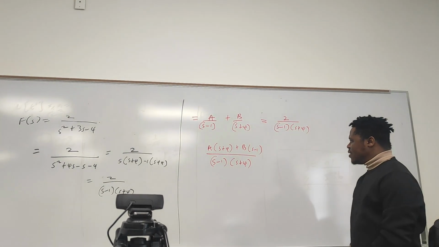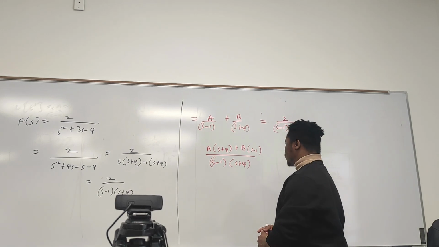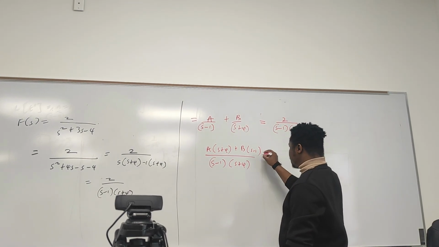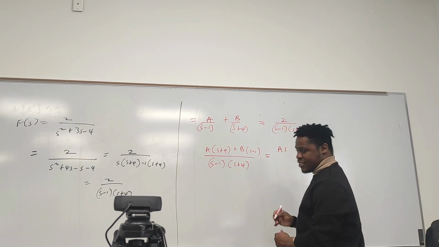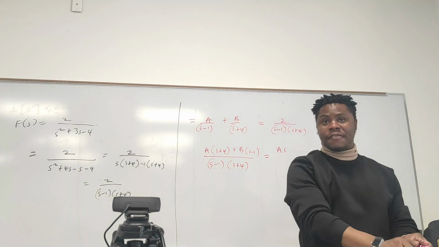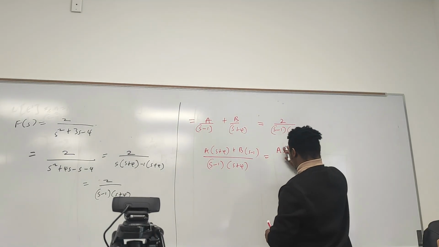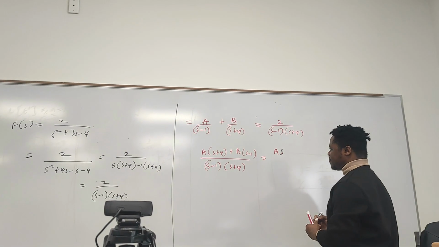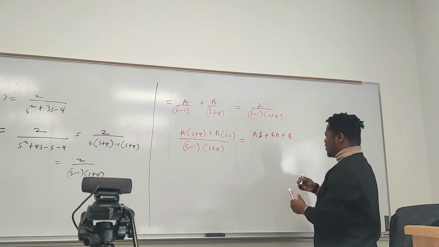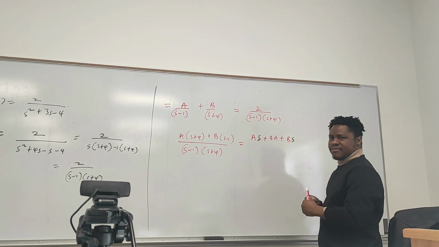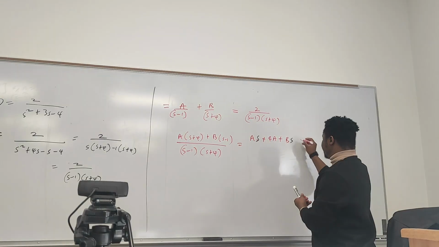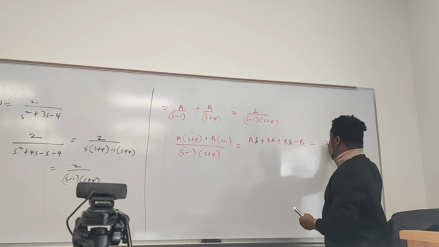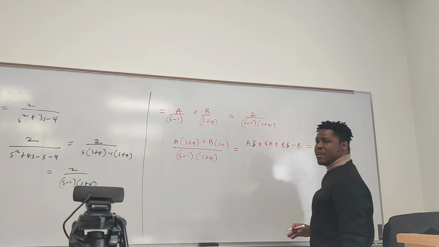Yeah, great. So let's expand this numerator. If you expand it, it becomes as. This is where I need to distinguish between s and 5. S is black, please. As, minus b would be equal to 2 because we're only talking about the numerator.